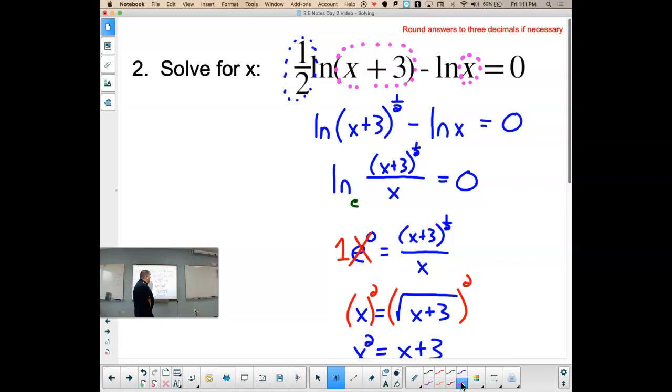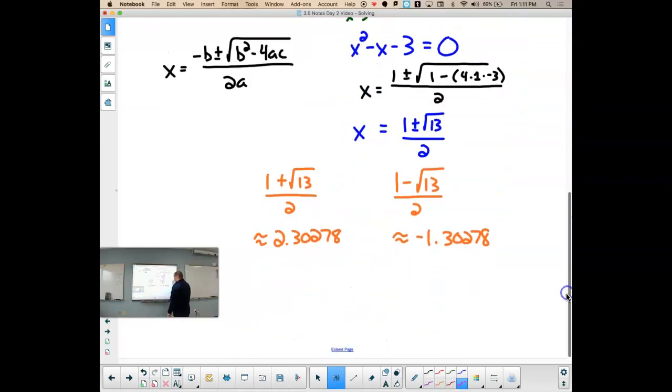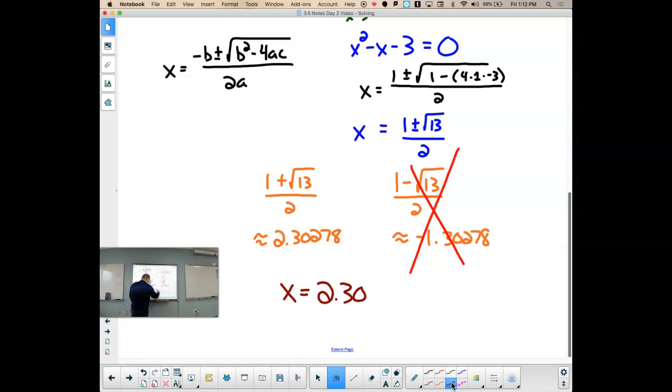Well, since I just have the natural log of x, and this is negative, this one gets thrown out. The other one would work out in both cases. Okay? So my answer here, rounded to 3 decimal places, is x equals 2.303.